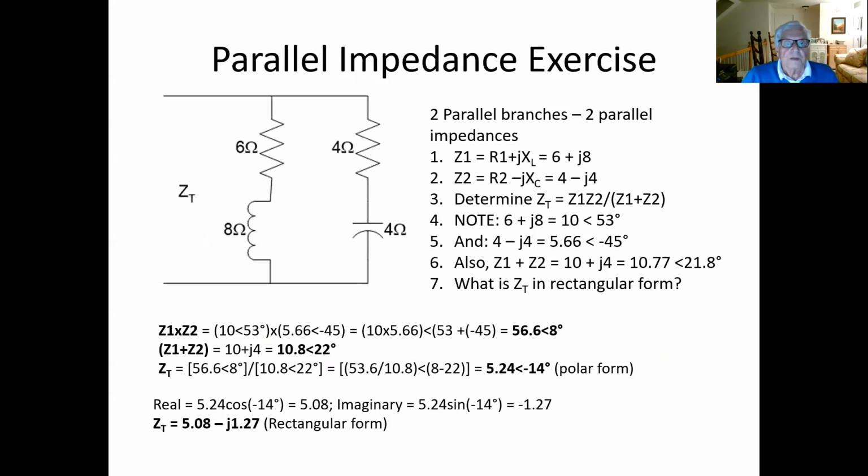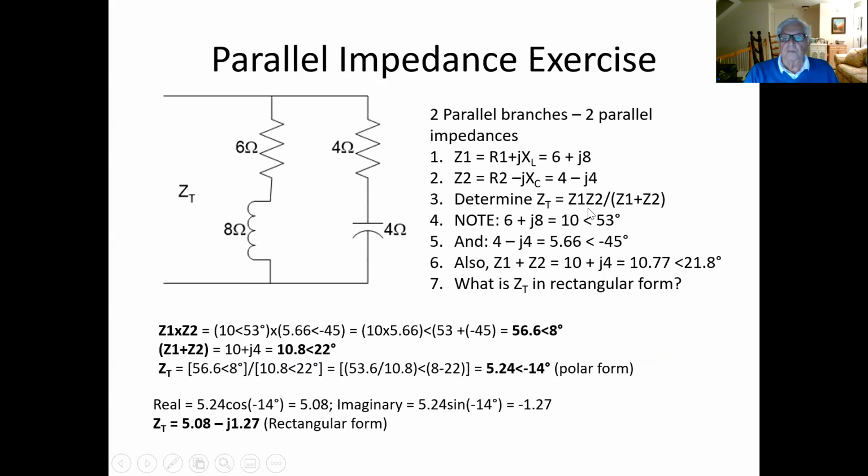So let's suppose that we have a parallel impedance exercise here. We've got 6 and 8 ohms and 4 and 4 ohms: resistor, inductor, and resistor, capacitor. Two parallel branches. Z1 is 6 plus J8, and Z2 is 4 minus J4.